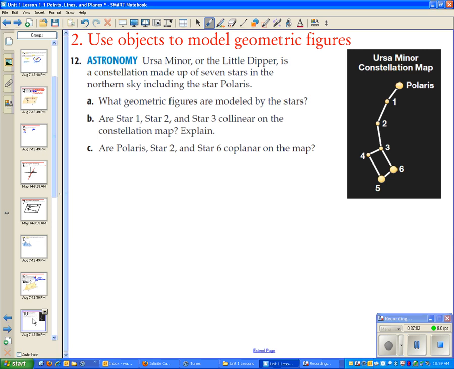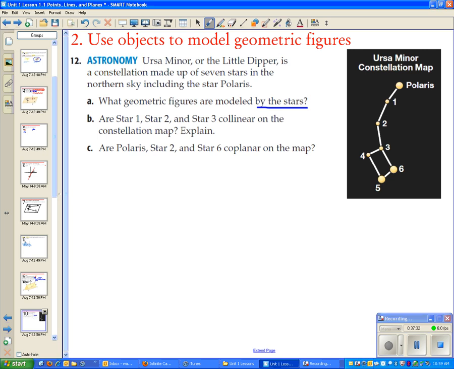The actual stars are not in the same plane, are they? Okay? They look like it, but they're not. We can draw lines through any two of them, can't we? Okay? But what the book wants you to put is that they model a plane, and that's just not correct. And they say by these stars, so that makes me think they want us to think of all of the stars.